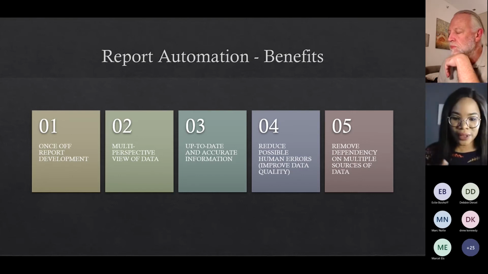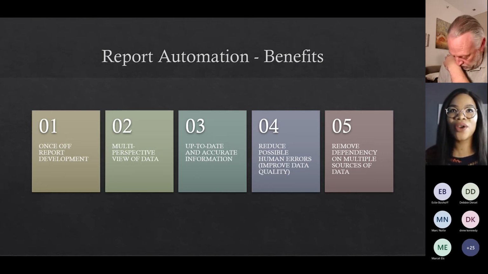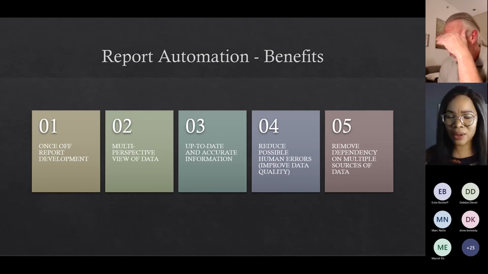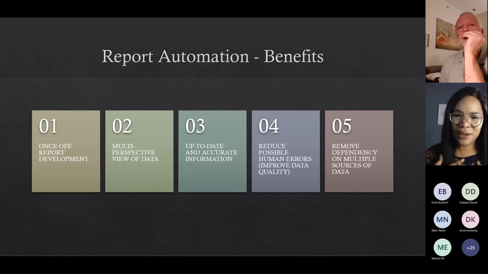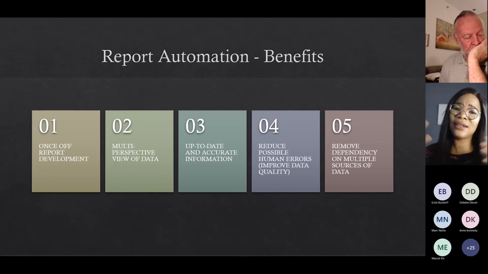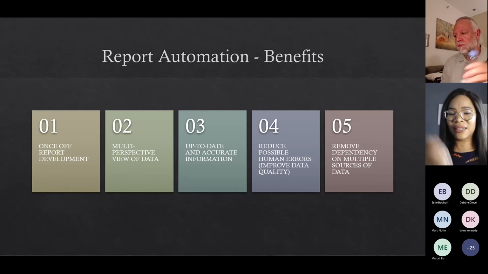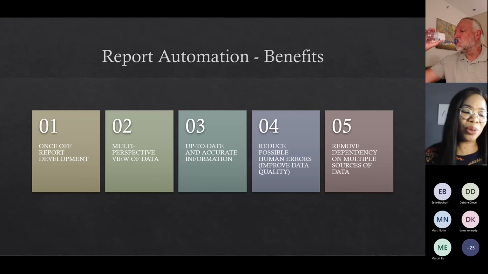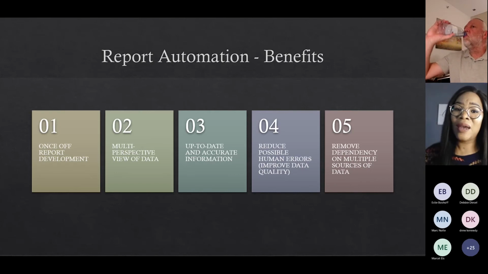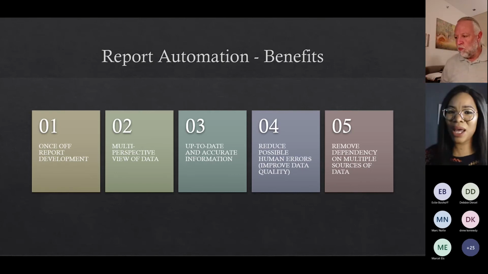And it also reduces the possible human error, because imagine we are working on a manual file. I work on it today, I get sick or whatever the case is, I don't come to the office, and someone has to work on that file. People leave, and we hire new staff, and other people have to work on that.